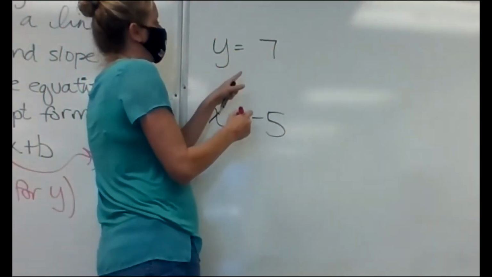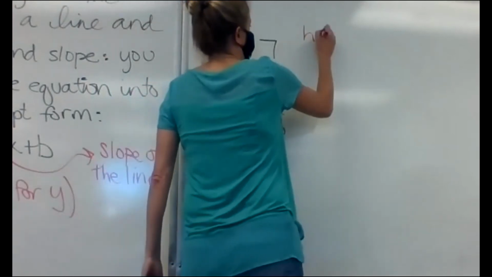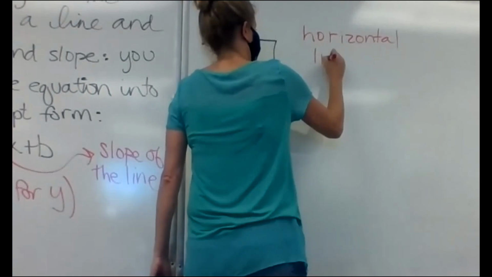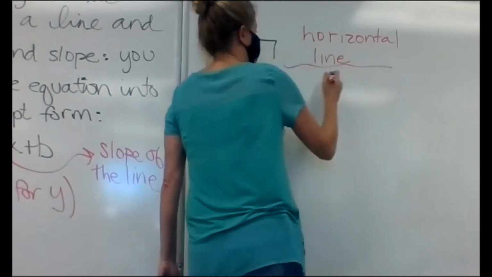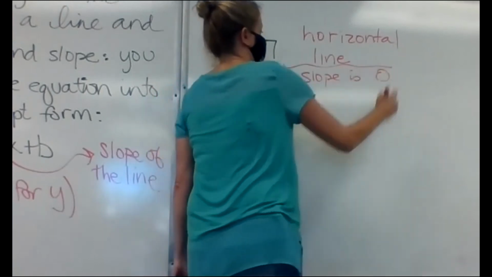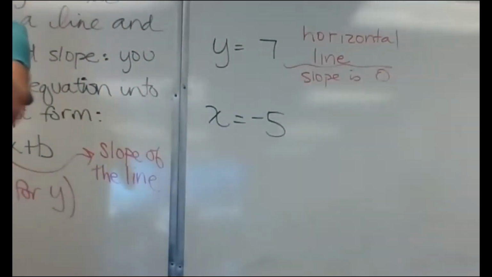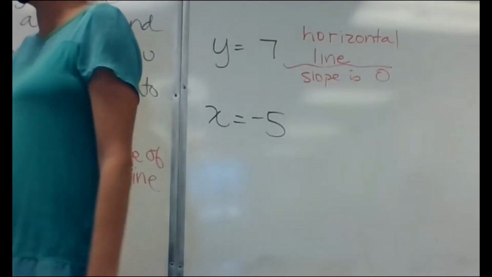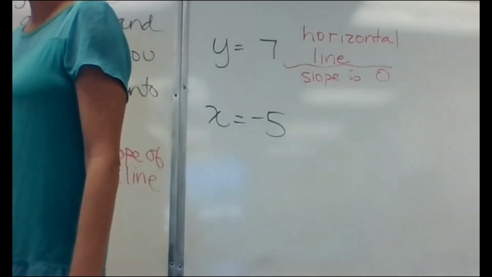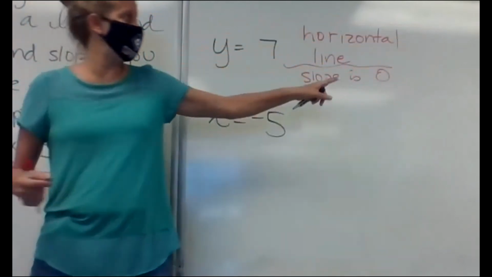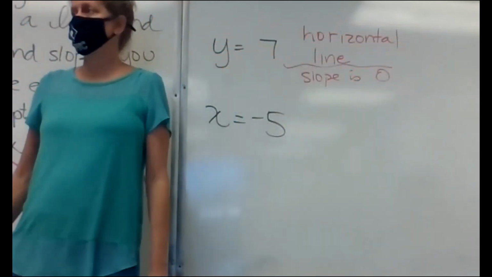If it's y equals 7, if I graph that, it's going to make a horizontal line. Horizontal lines have slope 0. So if there is no x in your equation, which means you can't put it in y equals mx plus b because there is no x, it's because it's a horizontal line, and if you'll remember, the horizontal lines, the slope is 0.